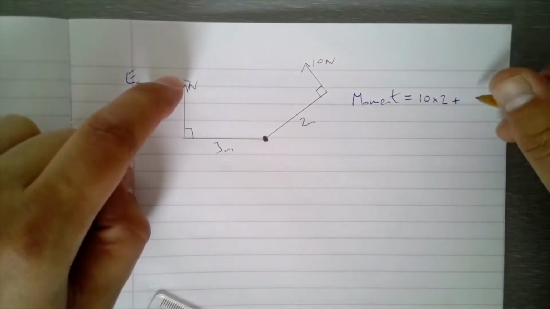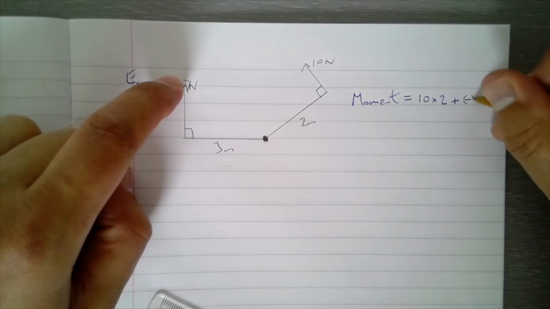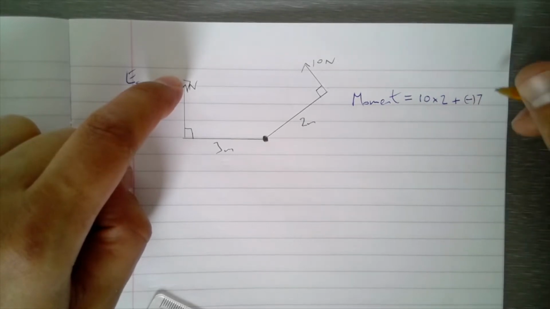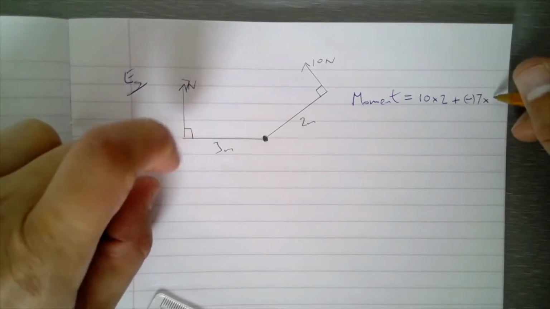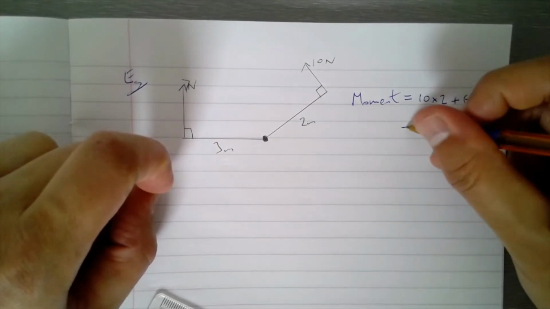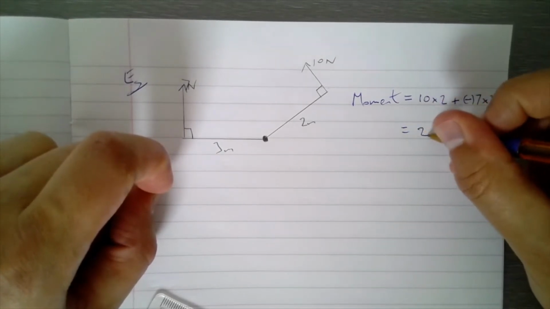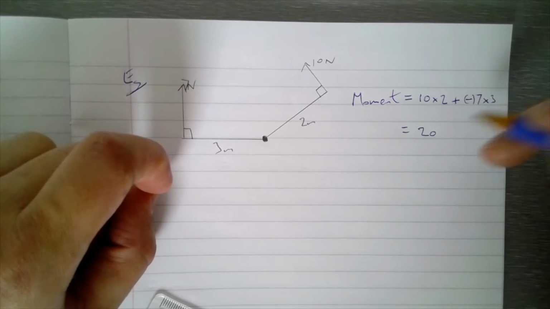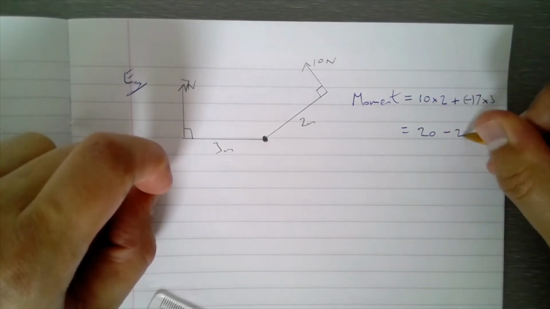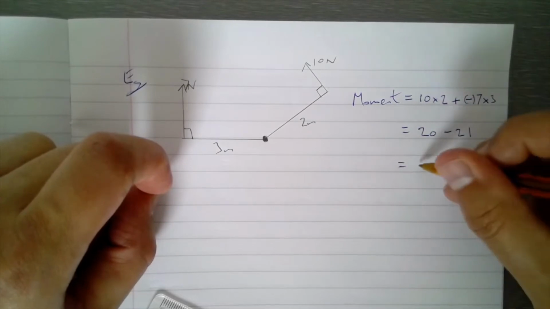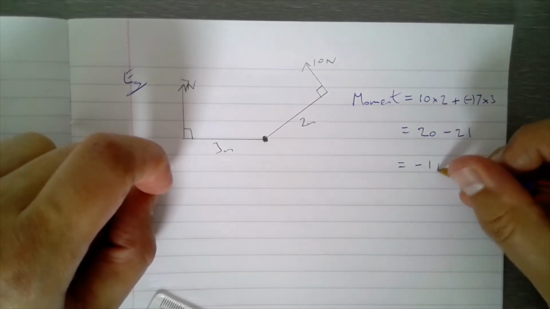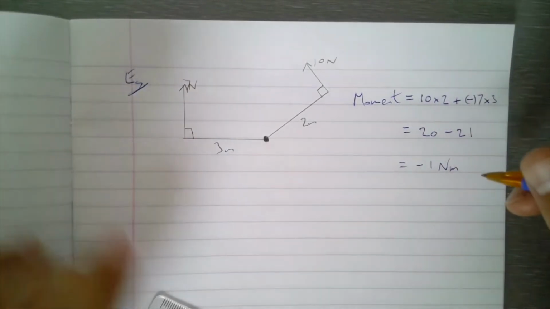This force is acting in a negative direction, so I'm going to put a minus sign in front of it, and then times by 3, which is the distance. 10 times 2 is 20 newtons, plus negative 7 times 3 gives me negative 21. In other words, minus 1 Newton meter.